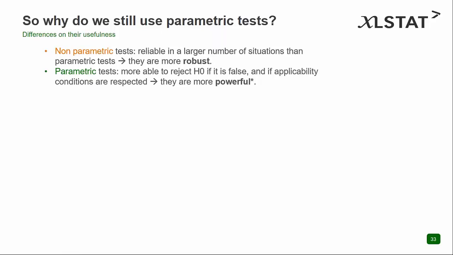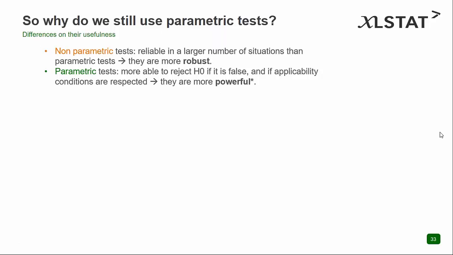So we say they have a higher statistical power. Usually, in most cases, we try to reject H0. So parametric tests have more power to reject H0 if it's false compared to non-parametric tests. This is called simply statistical power. So non-parametric tests are more robust and parametric tests are more powerful.